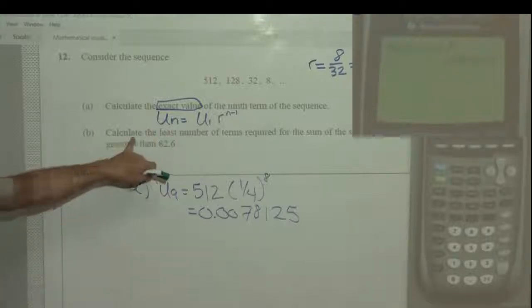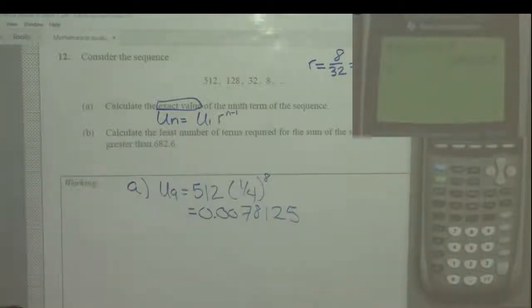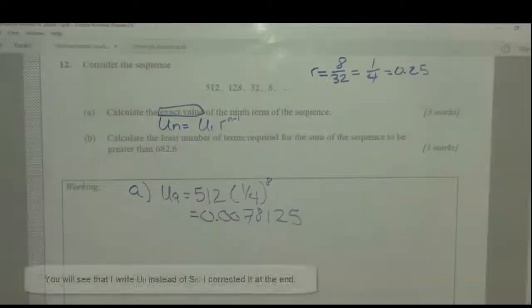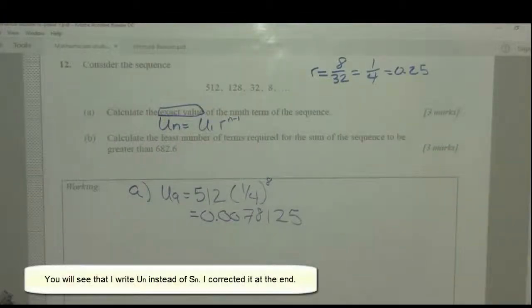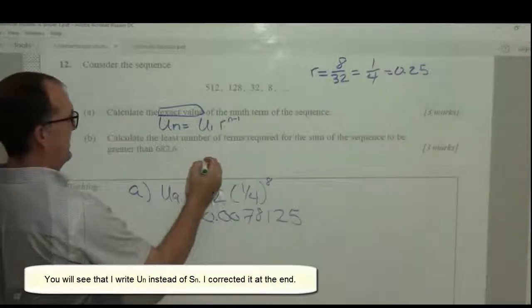And then they ask you to calculate the least number of terms required for the sum of the sequence to be greater than 682.6. So I go to my formula booklet, and you'll see that there are two formulas, and one looks like this.